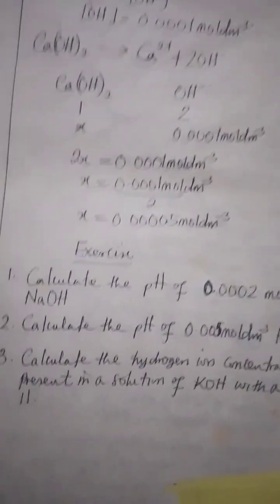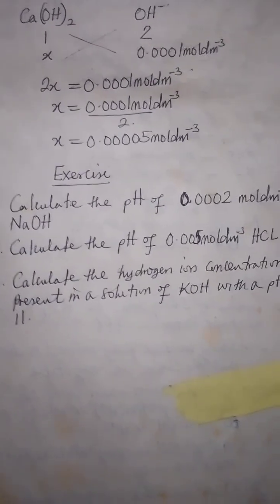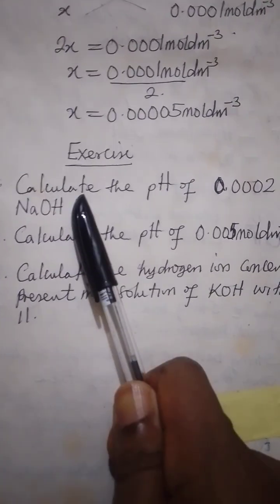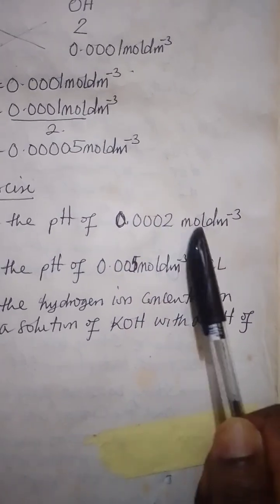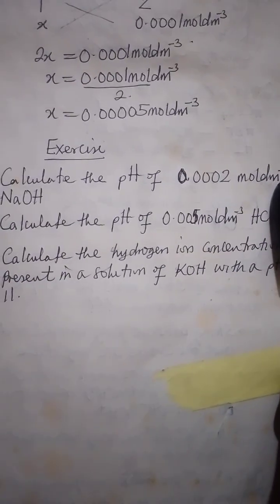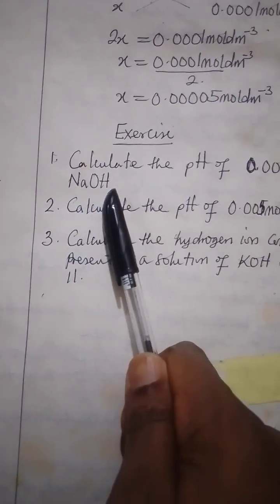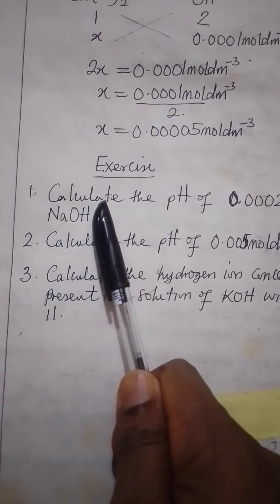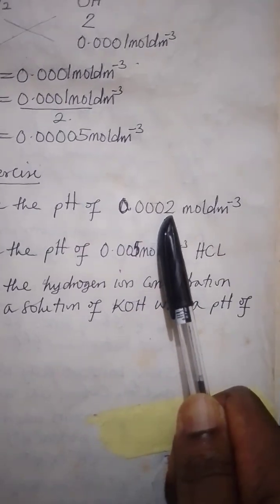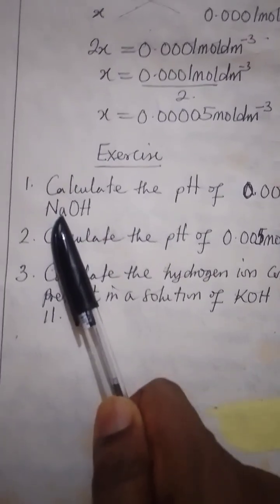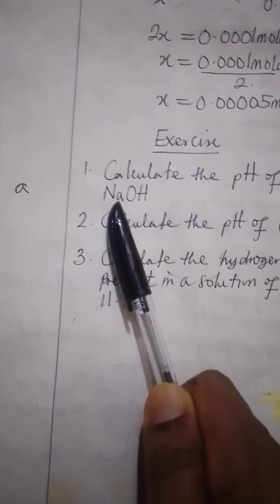I would like you to look at the following exercise. Question 1. Calculate the pH of 0.0002 mole per dm cube NaOH, that's sodium hydroxide.